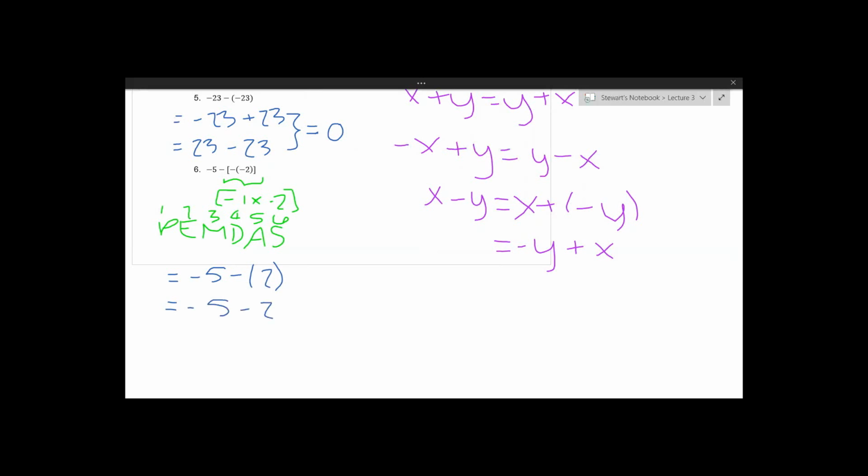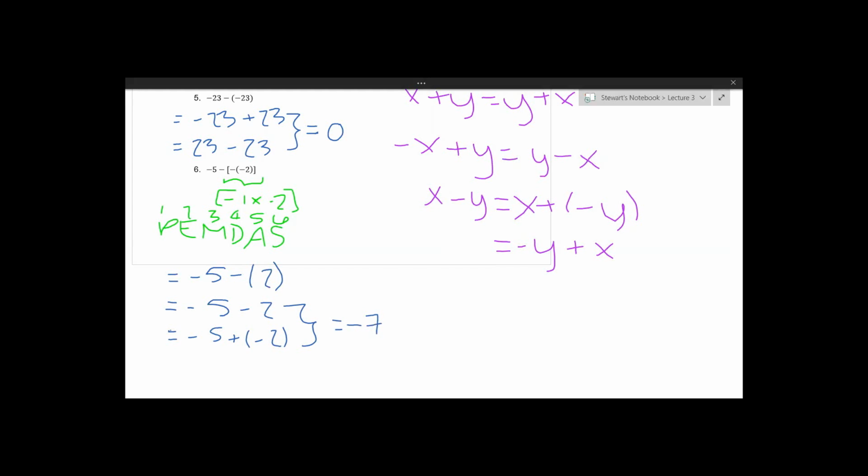Either way you think about this, if you wanted to add the negative and then commute it to see it differently, this could be switched to -5 plus -2. You could switch that around, however it helps you to see it. Either way, you're going to end up with -7.